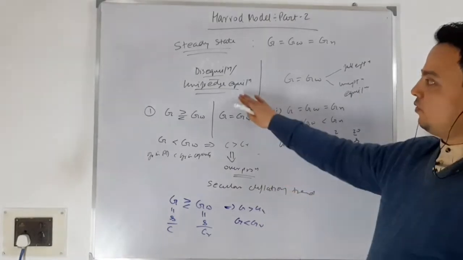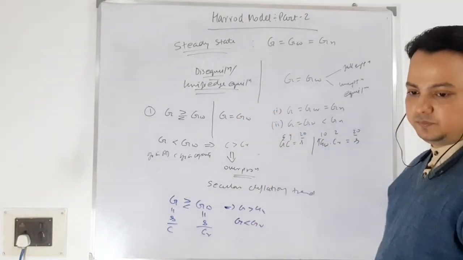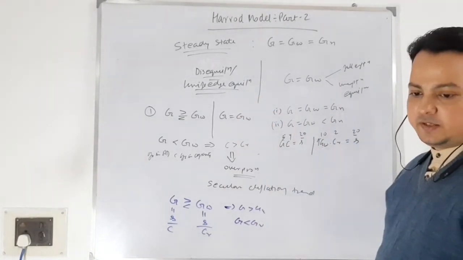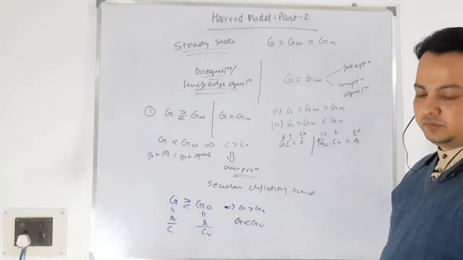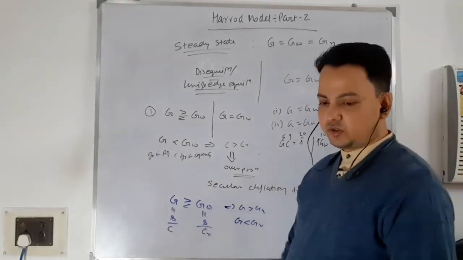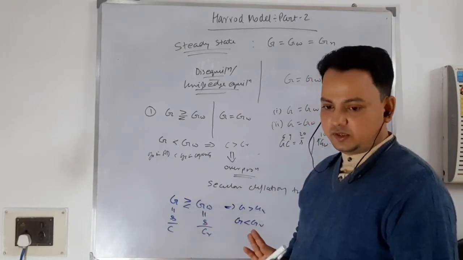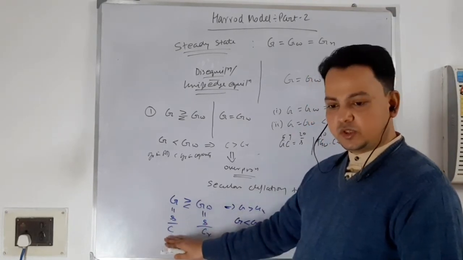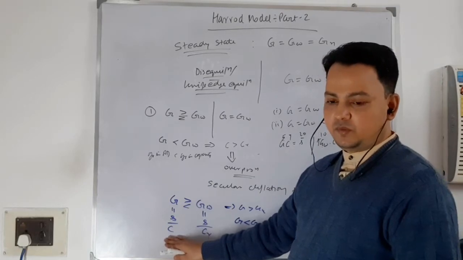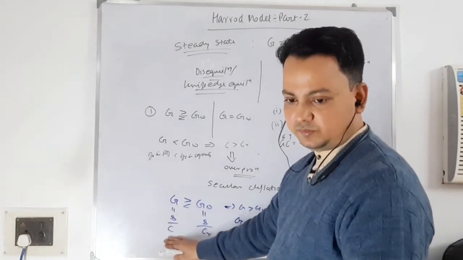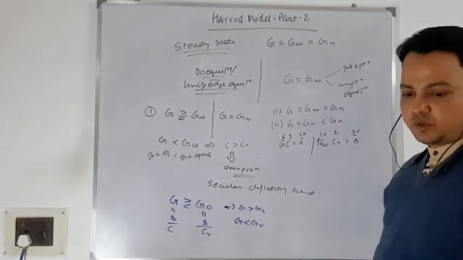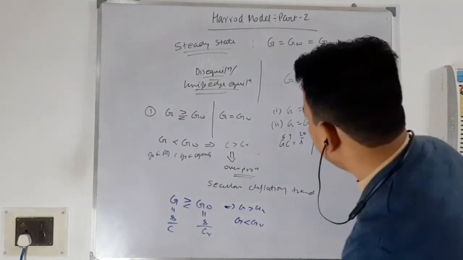And what is the reason that we have the knife-edge equilibrium in the model? Because the capital-output ratio is constant. Saving is a policy variable, right? Because the capital-output ratio is constant, we have a fixed proportion production function.